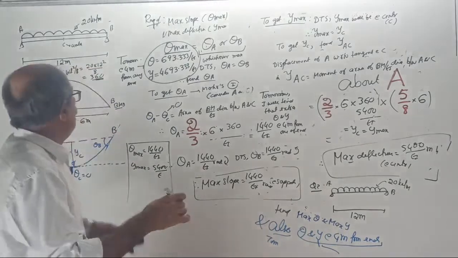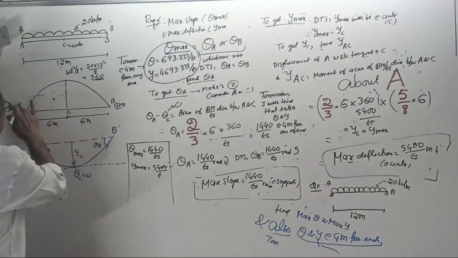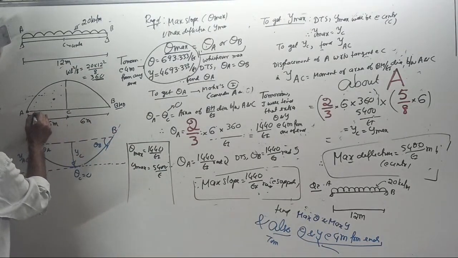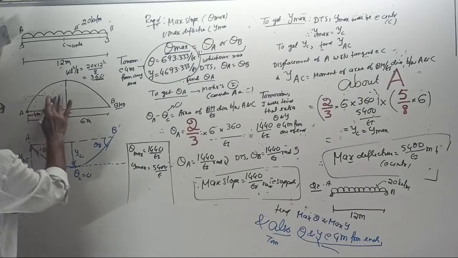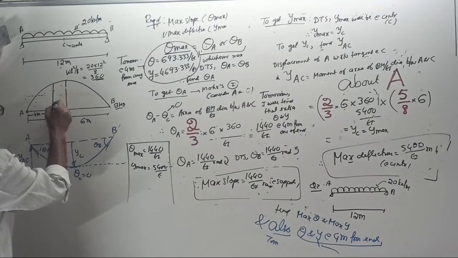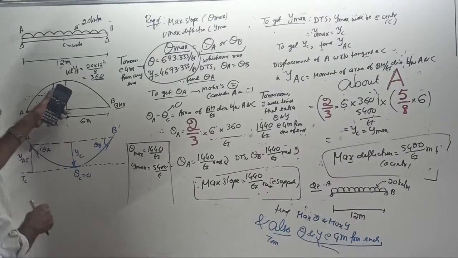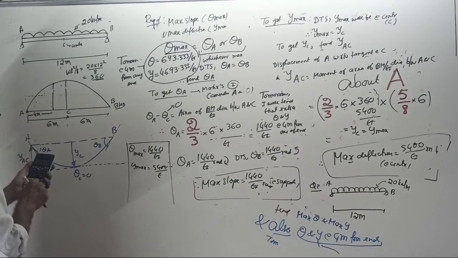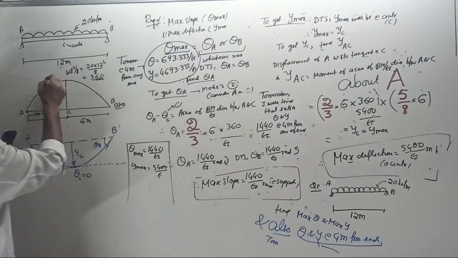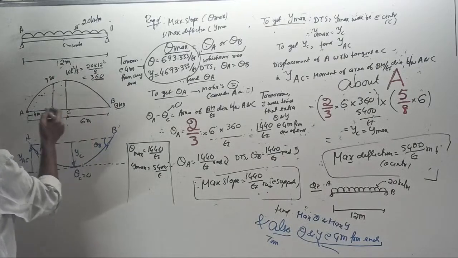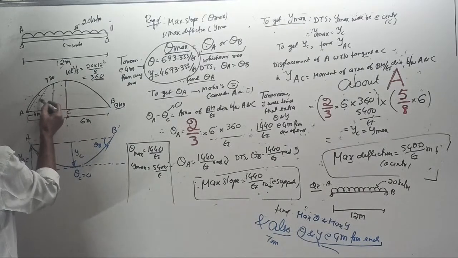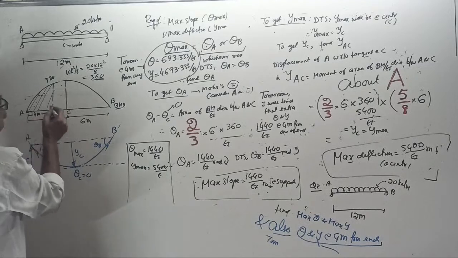Some people will consider 4 meter here, and they will find this ordinate. The bending moment there is 120 into 4 minus 20 into 4 square divided by 2. The ordinate is 320. Then they will say area equals 2/3 of 4 into 320.